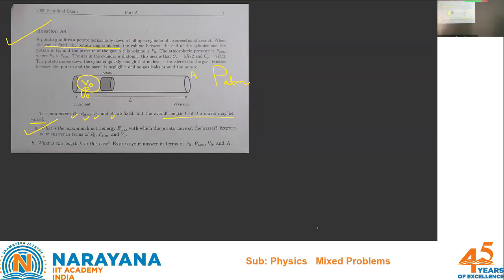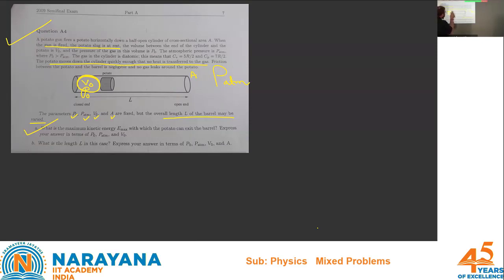Now the point is, we understand that, if you read the data, there is no heat transfer. The potato moves down the cylinder quickly enough that no heat is transferred to the gas. So very concretely, we can think that this segment of the gas here will exhibit adiabatic expansion, by virtue of which it will exert some work, and that work will be utilized.